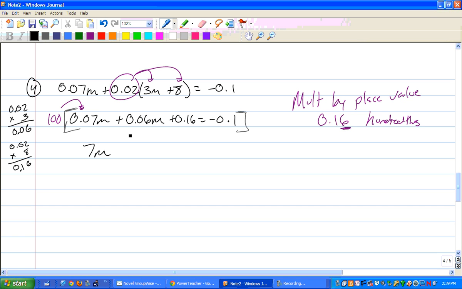And when you do that, everything should be by itself. So 100 times 0.07 is 7m, 100 times 0.06 is 6. 100 times 0.16 is 16. And the last one we get is negative 10.